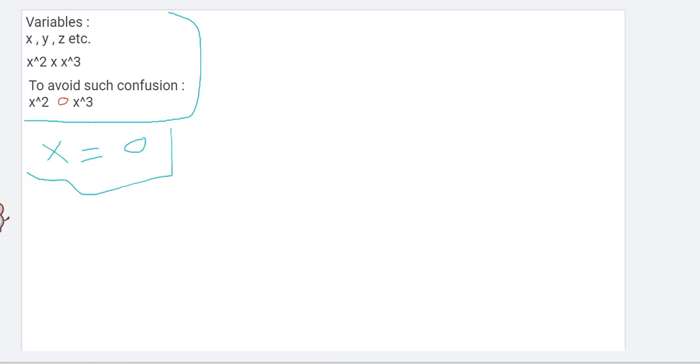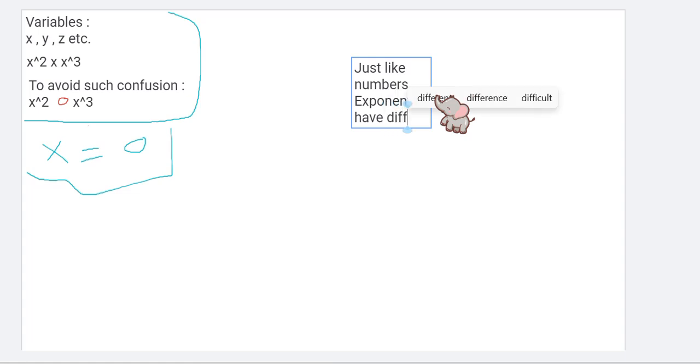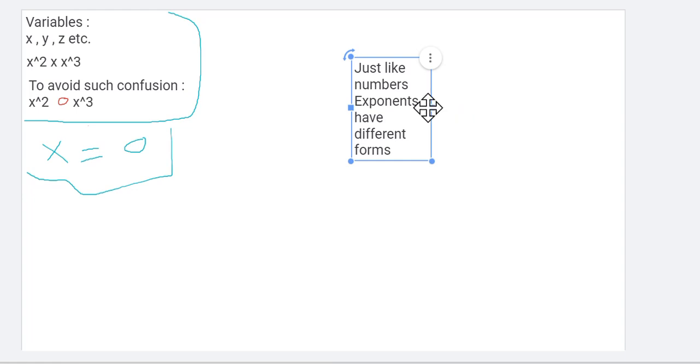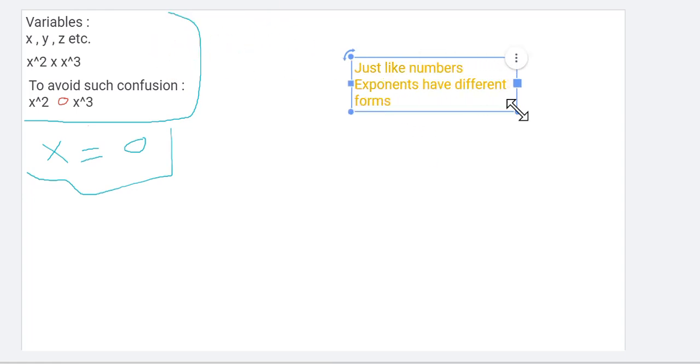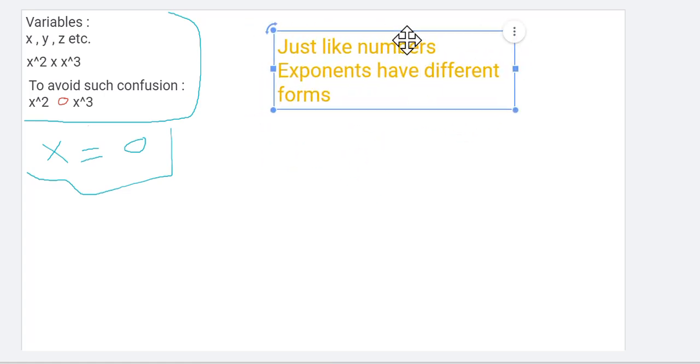Now coming back to the point. Just like numbers, exponents have different forms. If you see numbers, we have expanded form and other forms. Just like that, exponents also have some forms.